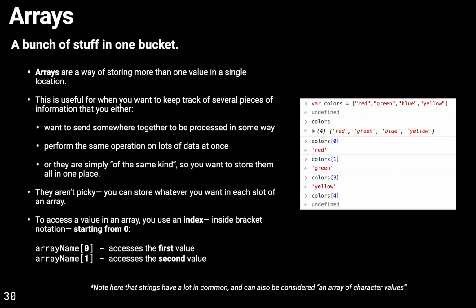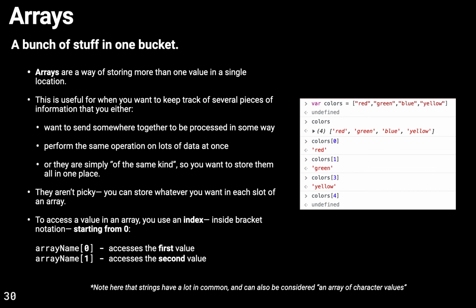This example over here shows I've defined a variable called colors, and it has a bunch of strings of different colors. If I want to look at that variable, if I just call colors, it returns the whole array. It shows me the whole thing again. If I call colors sub-0, I just get red. If I call colors sub-3, I get yellow.